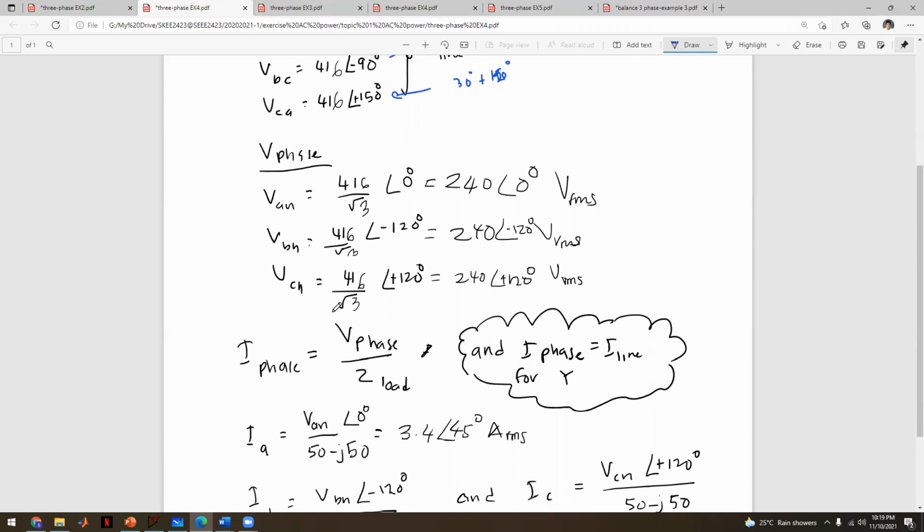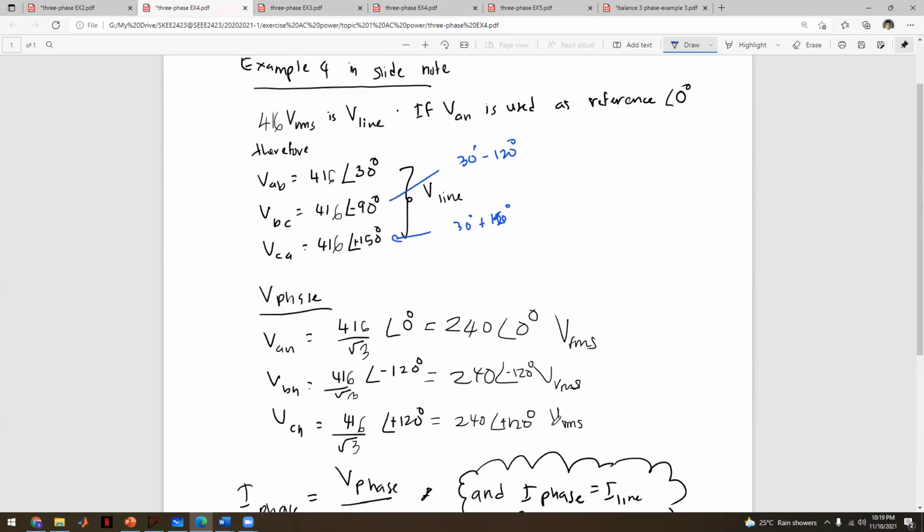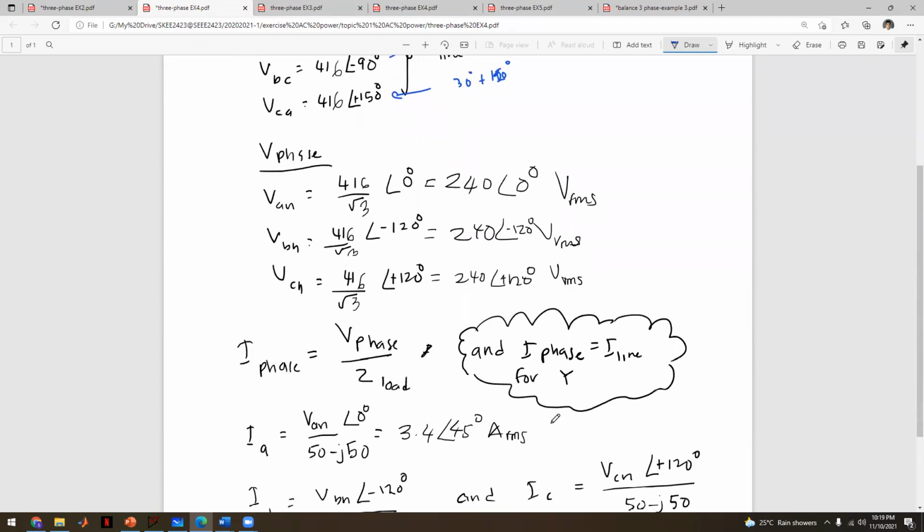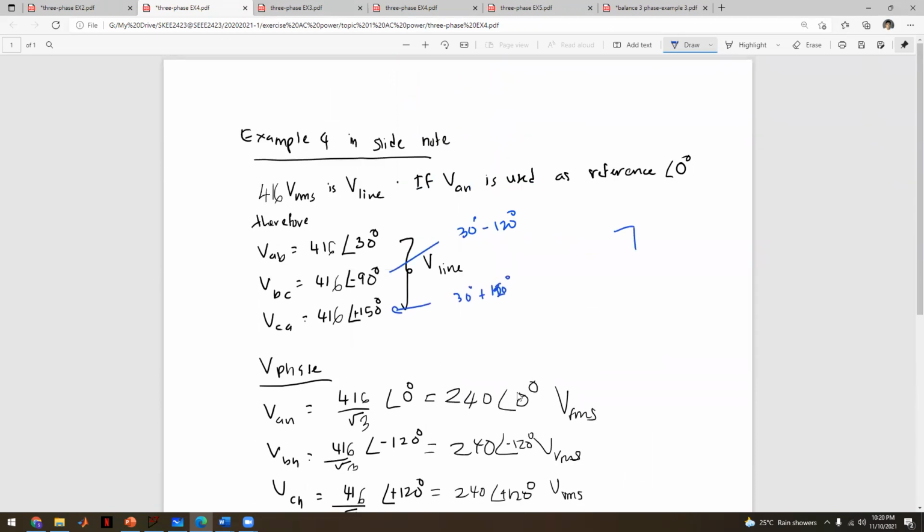Next is to calculate the phase current. For Y connection, the phase current and line current are the same, so we can calculate using this equation. Why am I using V phase and not V line? Because if I draw this, this is your VAN and this is your load.